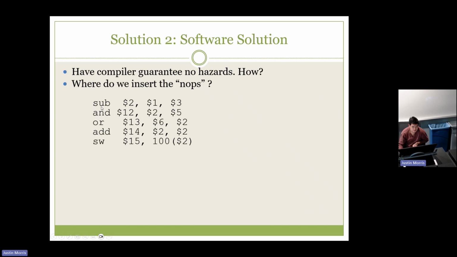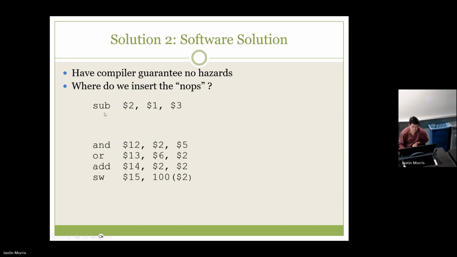So we're going to insert two no ops between the sub and the and. That's what our compiler would do. And then our data path can be simpler. We don't have to do any hazard detection, but it's still worse performance than some of these other solutions that we're going to talk about.